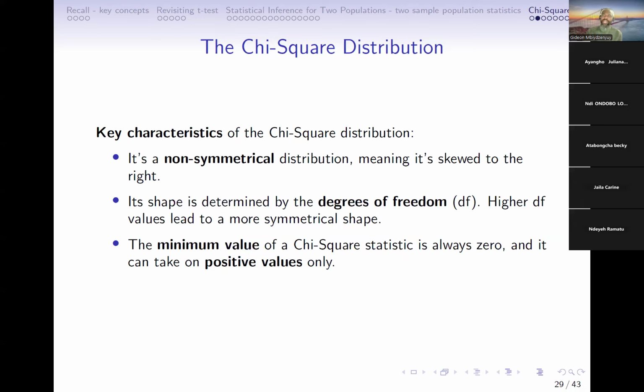We say that the data is skewed to the right. It's non-symmetrical because the left side is not a mirror of the right side.